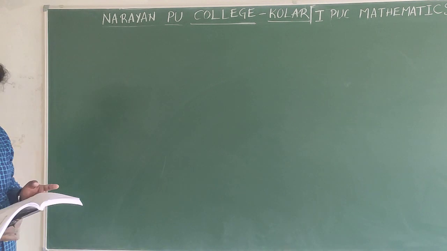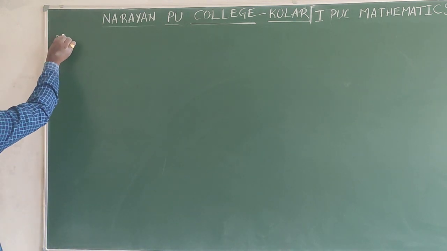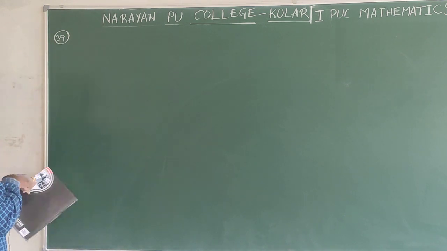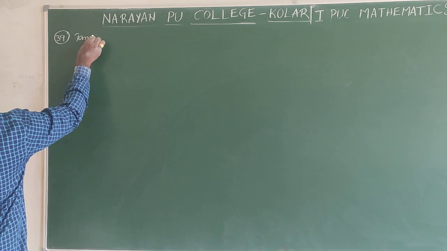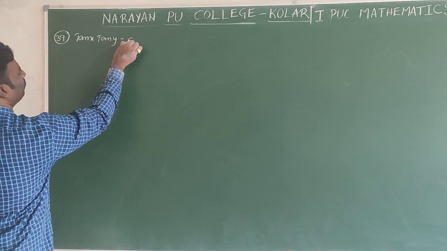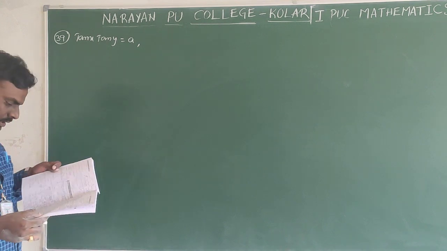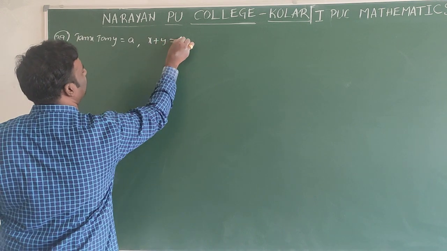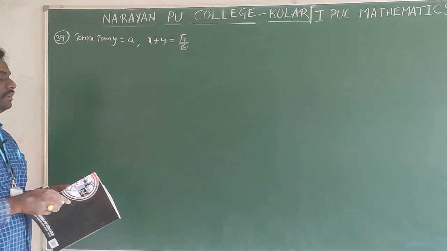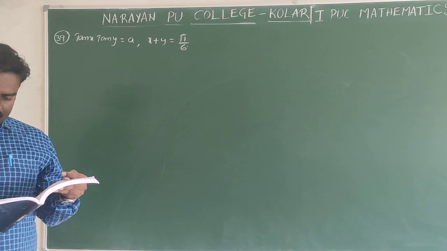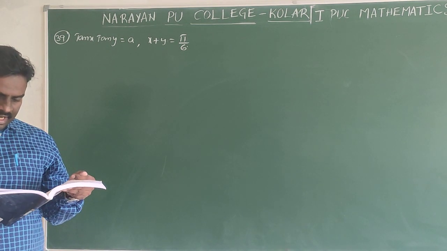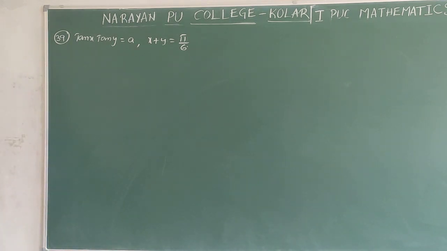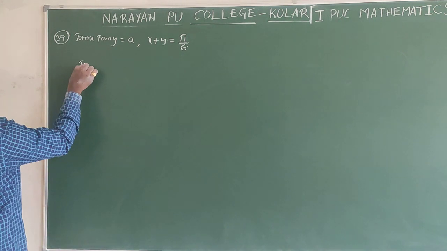Next, question number 39. In question number 39, if tan x into tan y equals a, and x plus y equals pi by 6, that is 30, then tan x and tan y satisfy the equation. So here the equations are given. I can write tan of x plus y, I will find.